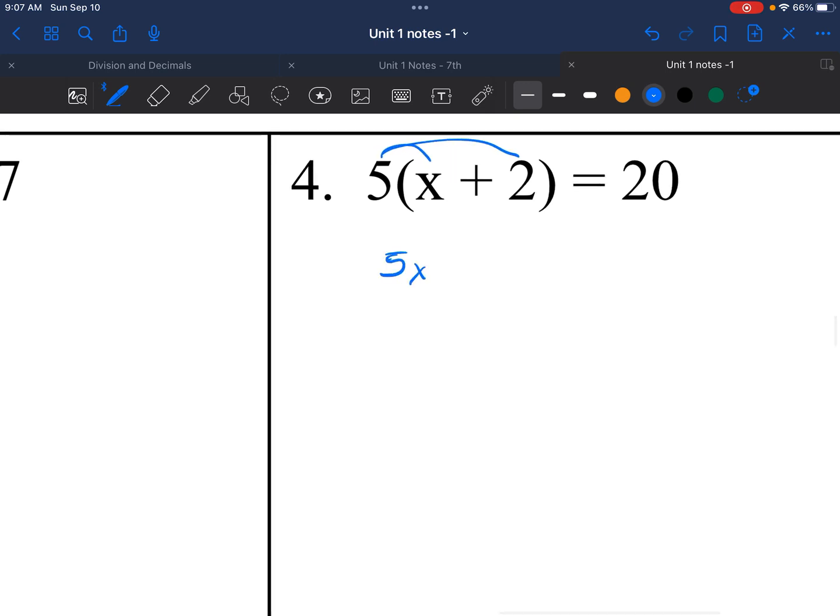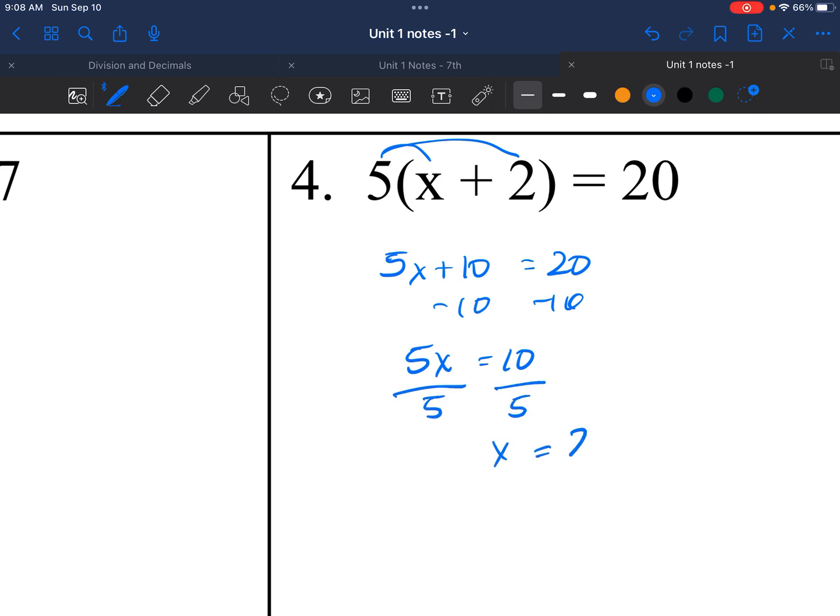So 5x plus 10 is equal to 20. Now we can subtract that 10. 5x is equal to 10. Dividing by that 5, x is equal to 2. In this example, 10 divided by 5 is a whole number, so that is why I did not leave it as a fraction and I divided it.